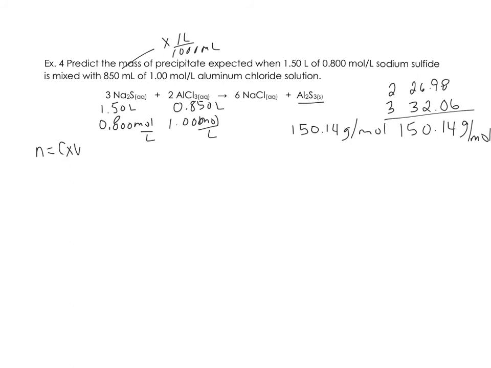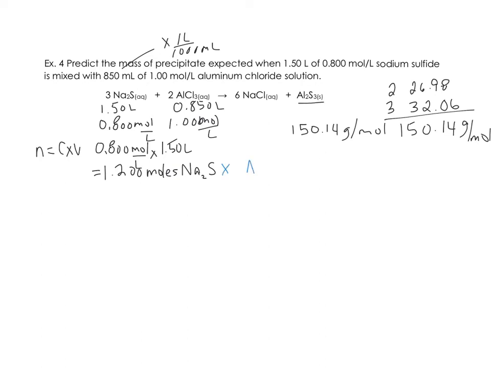So for sodium sulfide, 0.8 mole per liter times 1.5 liters. So that's 1.2 moles of sodium sulfide.